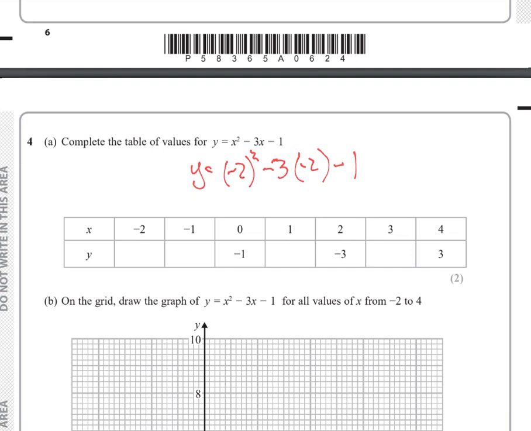We get 9. Next one in brackets. We get 3. Now you can keep it in brackets with the positives, it doesn't make any difference.